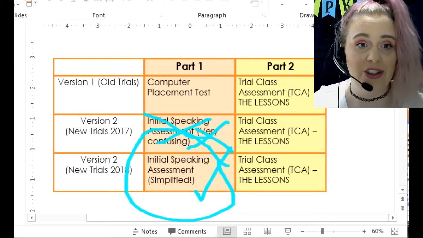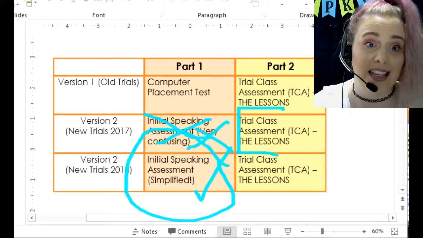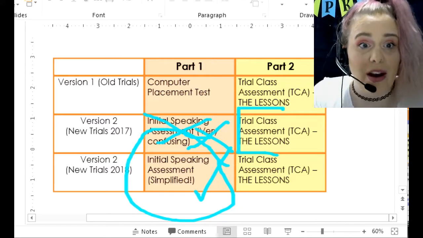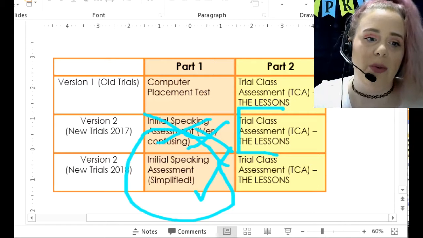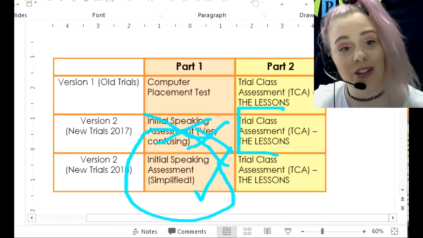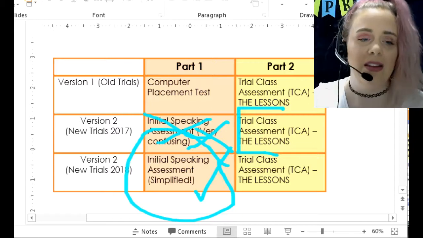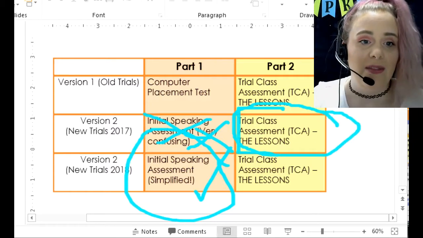They also changed the second part. Now, the second part is called the trial class assessment. It's confusing because it's also called an assessment, but you are assessing whether the level that you chose is correct. I chose to do level 3 with this student. Did it work out? Yes or no? So they had a version of this. They made some tweaks.